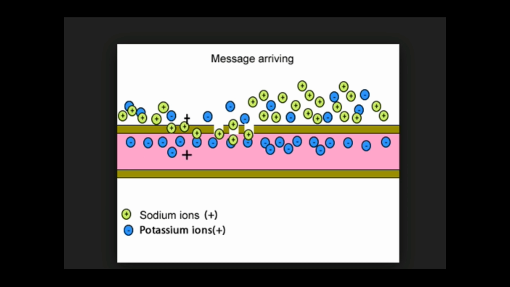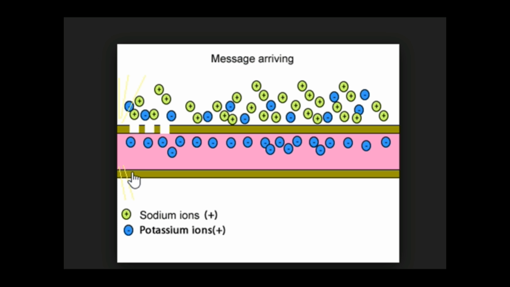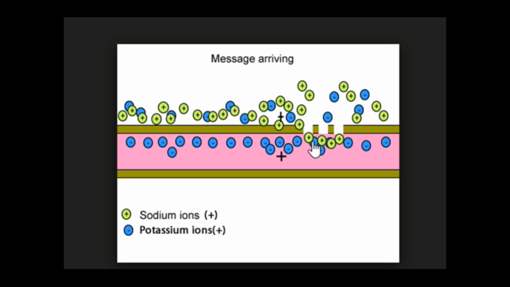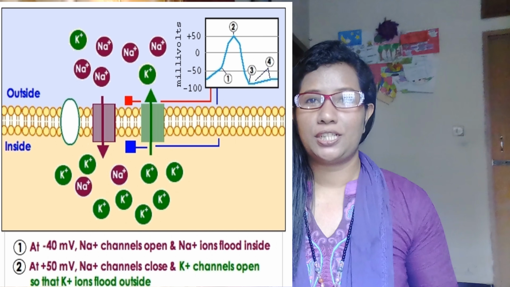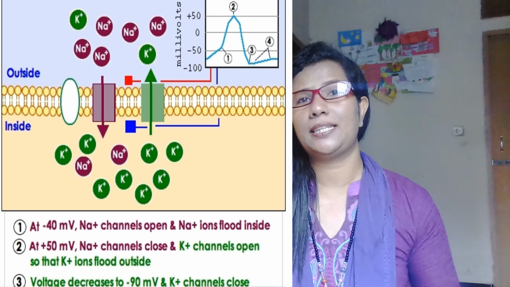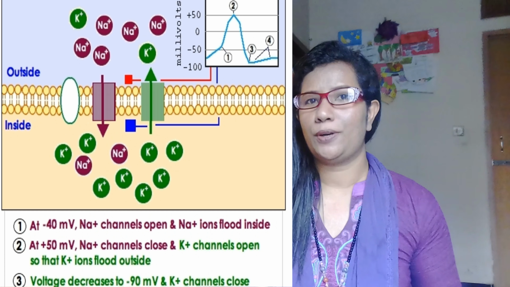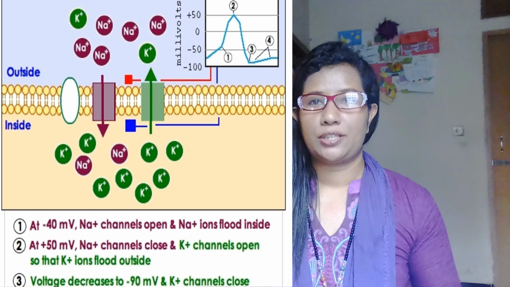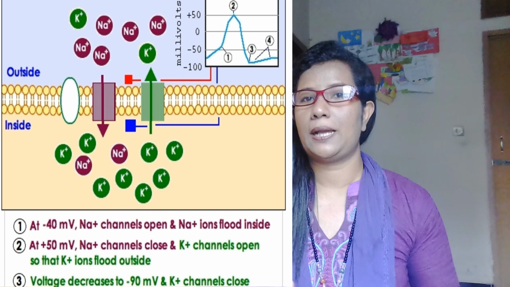To begin with, only a few channels open, so the potential difference across the membrane becomes less negative on the inside. This depolarization triggers some more channels to open so that more sodium enters.